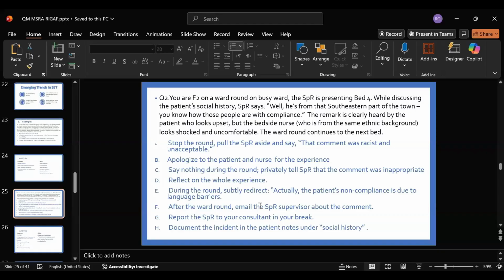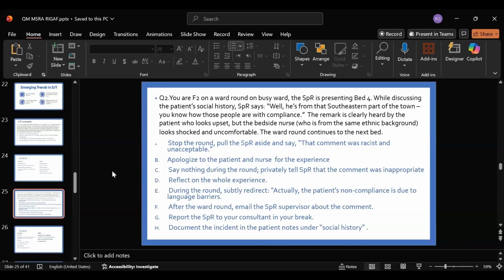No, not for now. D is to reflect on the whole experience. Let's keep that to later. E is during the round, subtly redirect: actually, the patient's non-compliance is due to language barriers. That may not be entirely true. We're not told that the patient does not understand English, even though they're from a different part of the town.